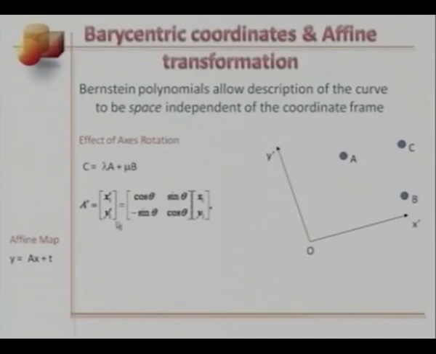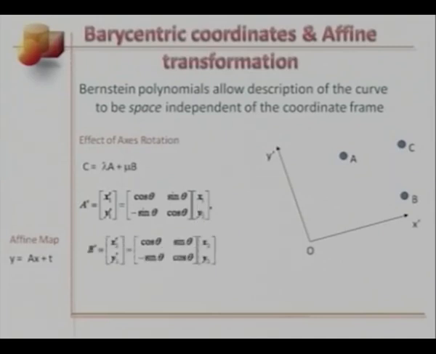Well, A prime, this point here, will now be expressed in terms of new coordinates x1 prime and y1 prime as a two-dimensional rotation matrix with terms cosine of theta, sine of theta, minus sine of theta, cosine of theta, times the original position of A, given by coordinates x1 and y1.